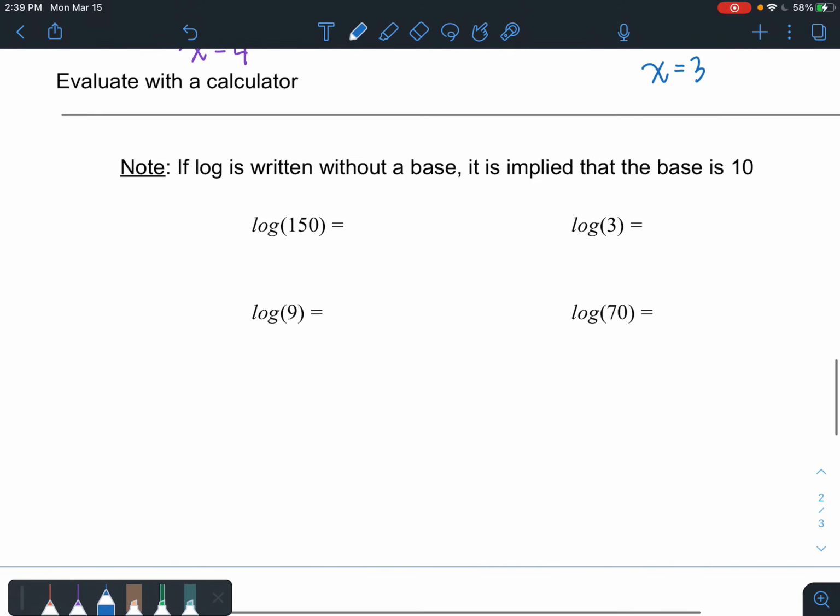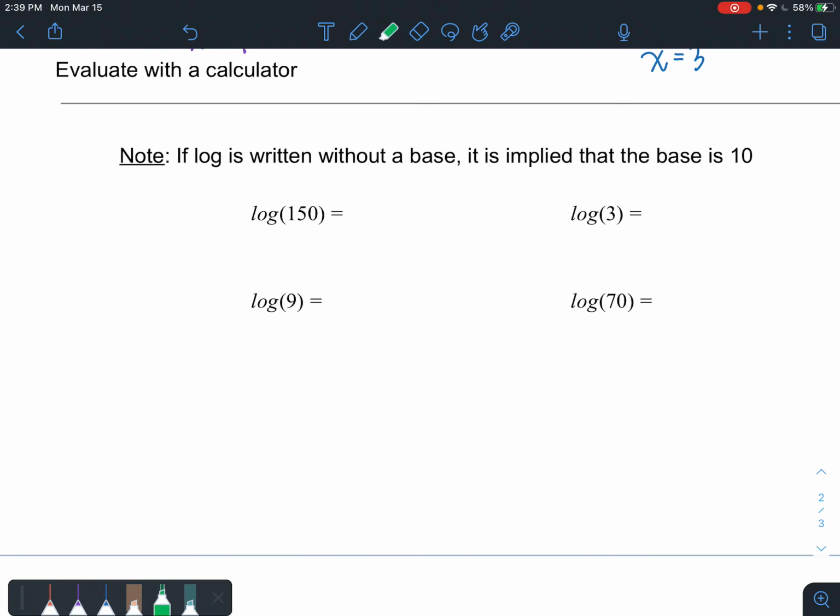This one here we're evaluating with a calculator. And you'll notice that if this log is written without a base, it's assumed or implied that the base is 10. So this is the same thing as log base 10 of 150.